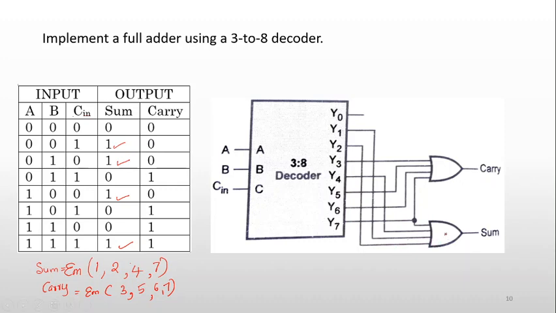The resultant of this OR gate is nothing but sum, and now let us implement carry. Carry is nothing but summation m of 3, 5, 6, 7. So pass Y3, Y5, Y6 and Y7 through a 4 input OR gate. The resultant of this OR gate is nothing but carry.